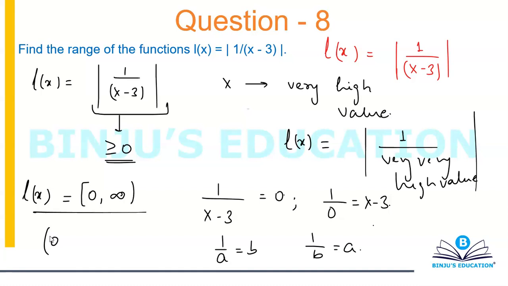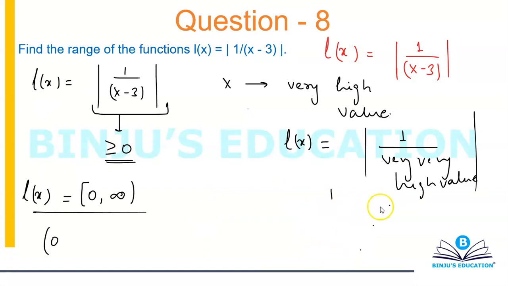Now let's look at the higher end of it. If I want to make 1 over x minus 3 as big as possible, I need to make x minus 3 as small as possible, which means x needs to be as close to 3 as possible.